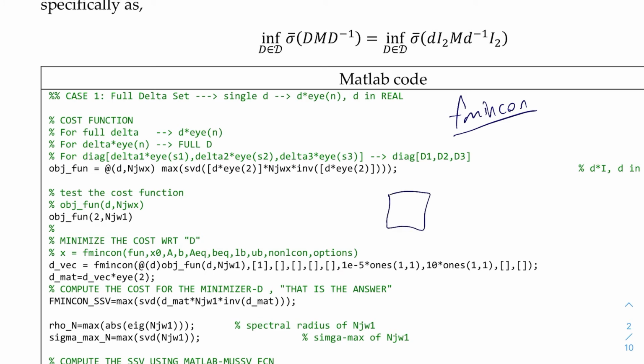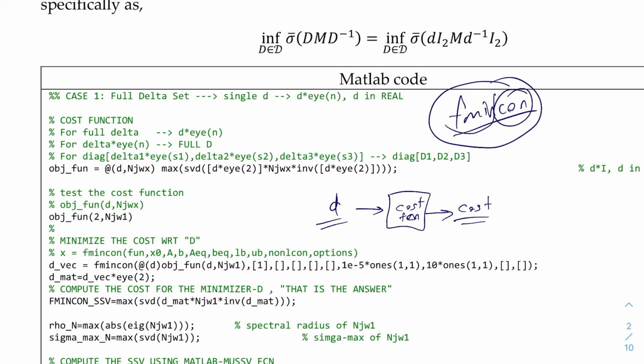If you have a cost function where you input some parameters, like d1, d2, etc., and it gives you the cost, you can use FMINCON. The con in FMINCON is for constraints.